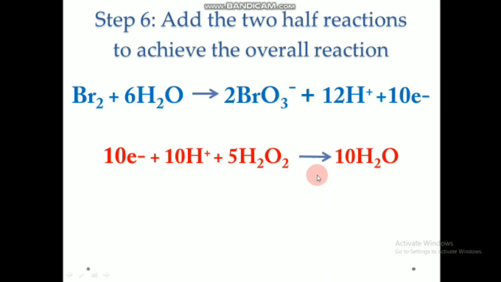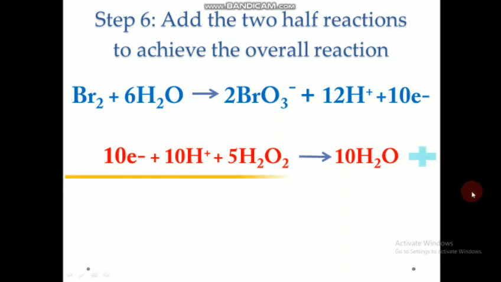First we balanced the atoms other than hydrogen and oxygen, then we balanced hydrogen and oxygen, and finally we balanced the charges. That's what we did. Now we can take the sum of both reactions, the oxidation part and the reduction part, to get the final net reaction or the overall reaction.